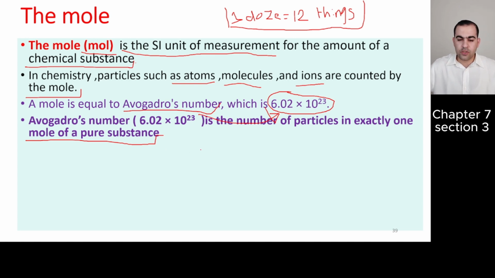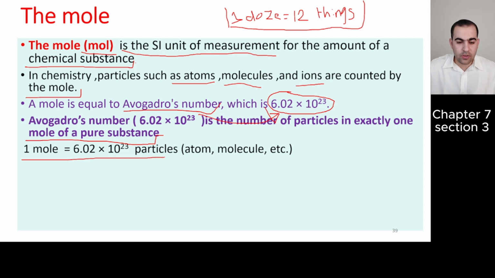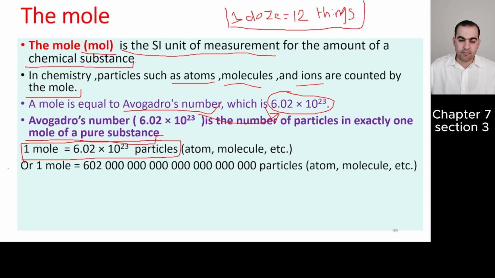What's important for you to know is that 1 mole equals 6.02 times 10 to the power 23 particles. Particles can be atoms, molecules, or ions. So in chemistry, instead of saying that large number, 602 zillion particles, atoms, molecules, ions, we just say 1 mole.